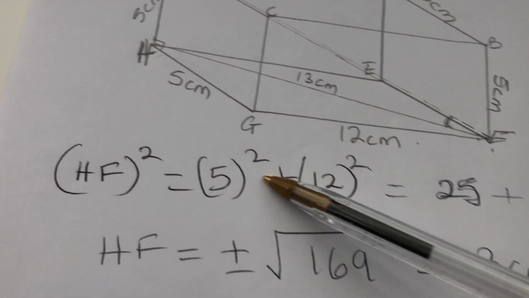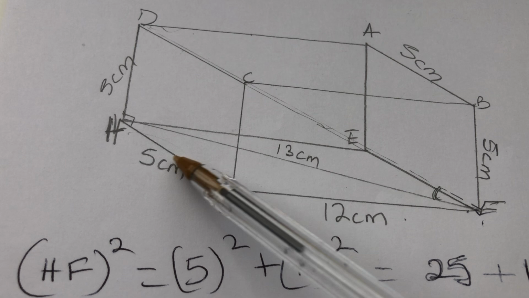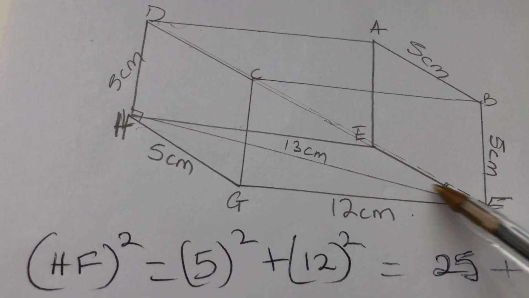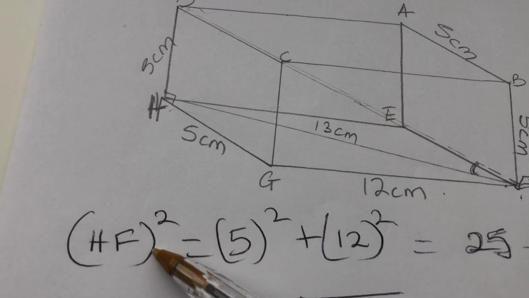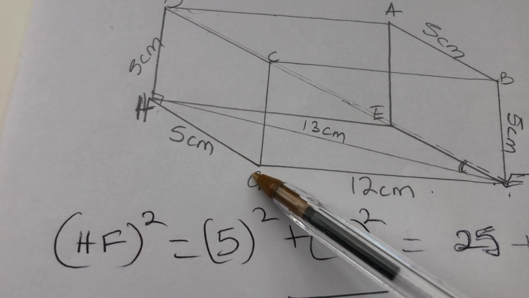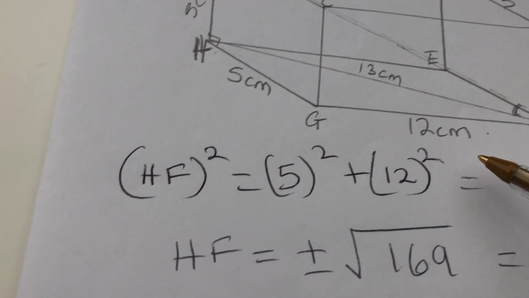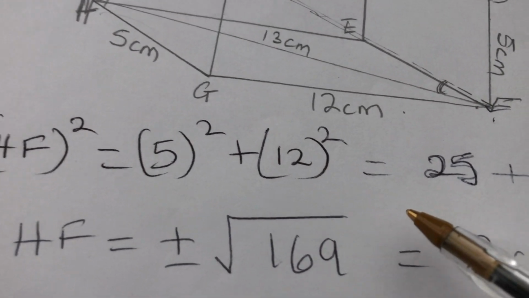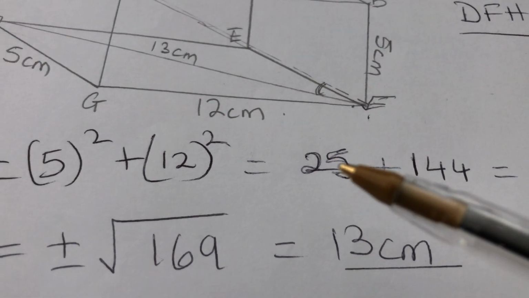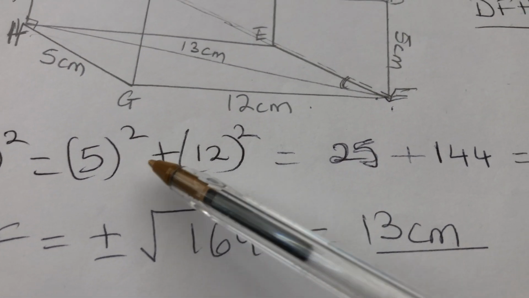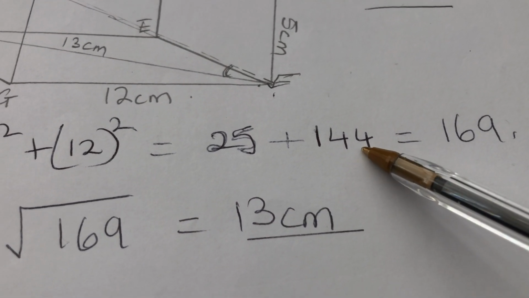So now HF, the diagonal, squared will be equal to 5 squared plus 12 squared. I've set the equation in motion. Immediately you do that, that part becomes calculator. 5 squared is 25, 12 squared is 144.